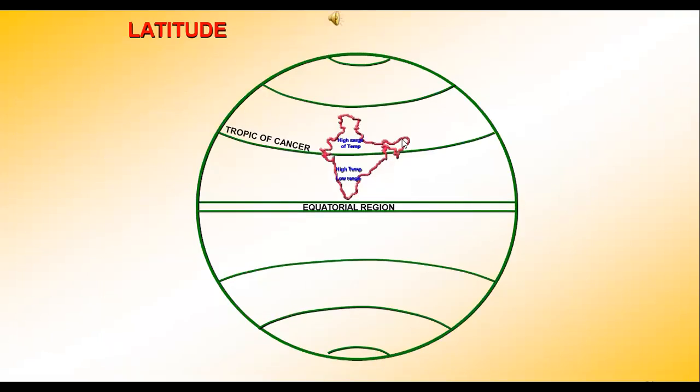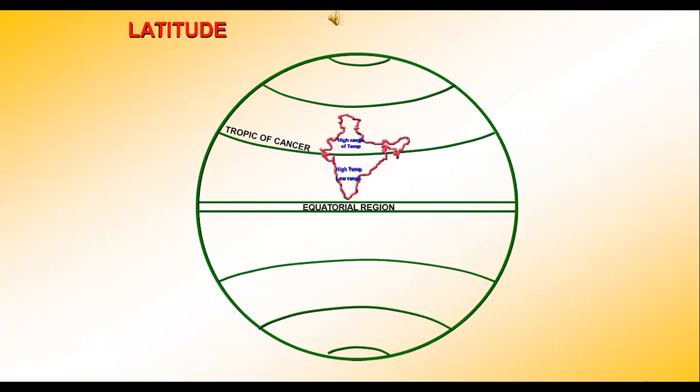Now, the Tropic of Cancer passes through the middle of our country. We know that. It passes from the Rann of Kutch in the west to Mizoram in the east, and cuts our country almost in equal halves.